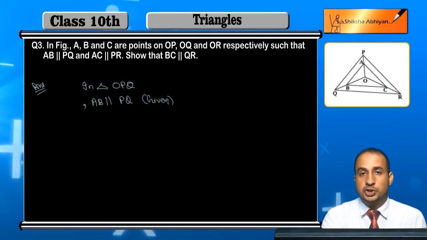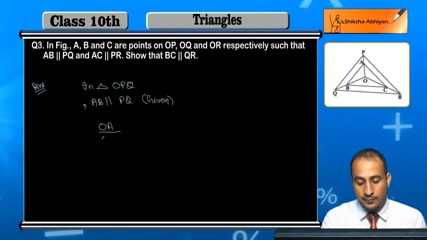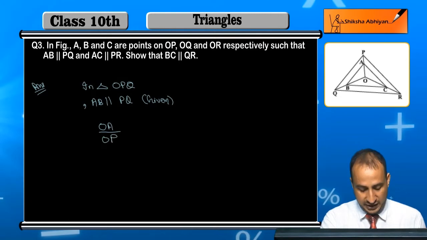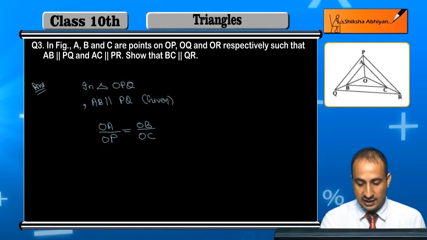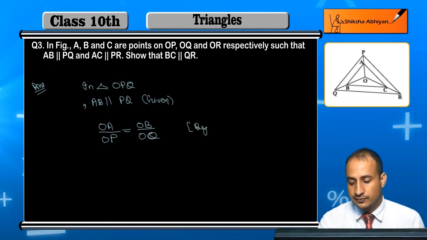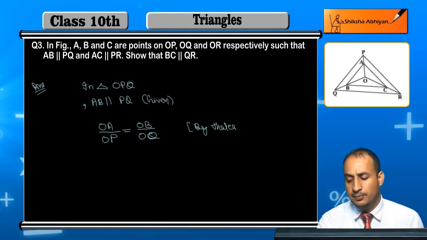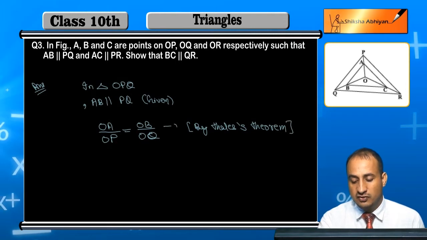So by the basic proportionality theorem, by Thales theorem, I can write OA upon OP is equal to OB upon OQ, by Thales theorem or the basic proportionality theorem. And mark it equation 1.